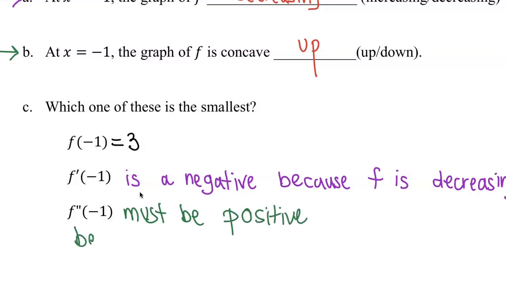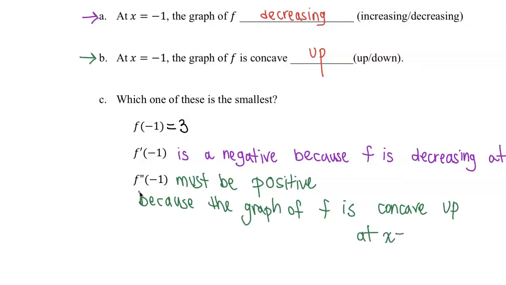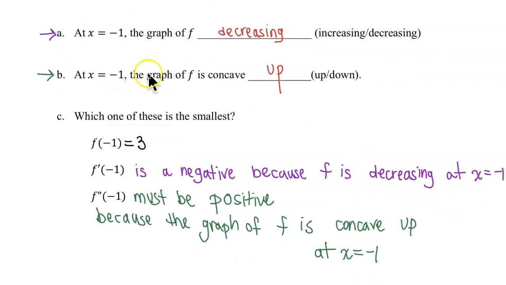And what's the reason? How do I know that? Because the graph of f is concave up at x equals -1. And that's the second clue that we had to answer.